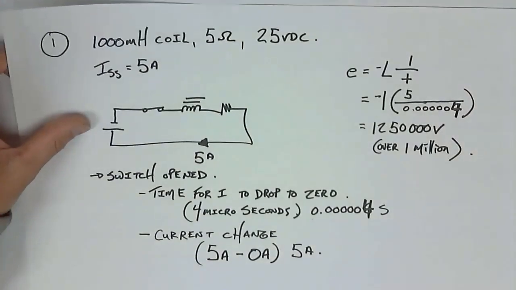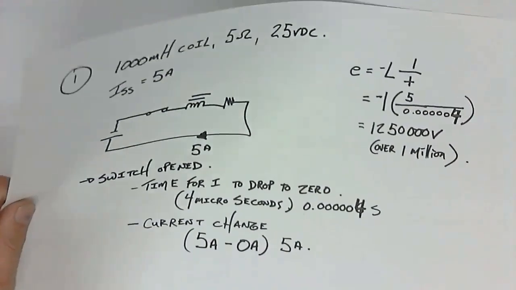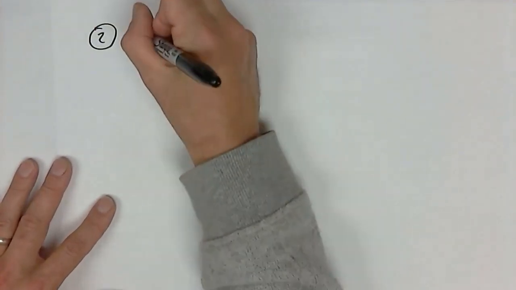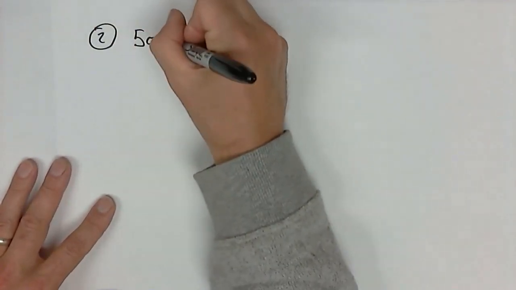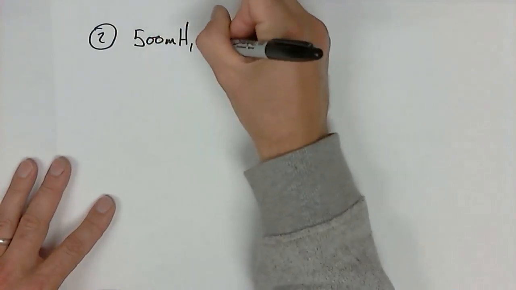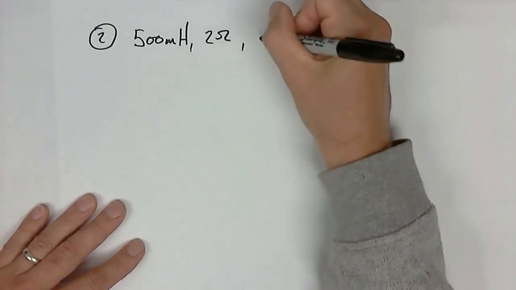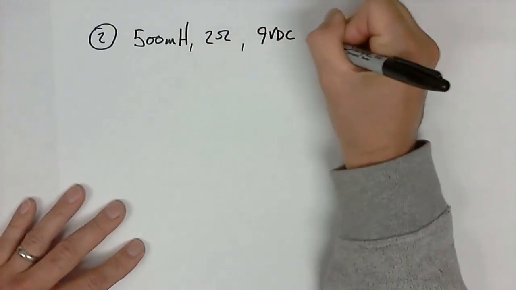Let's look at one more calculation with this. Let's say we've got a 500 millihenry coil, a 2 ohm resistor, and a 9 volt DC source.